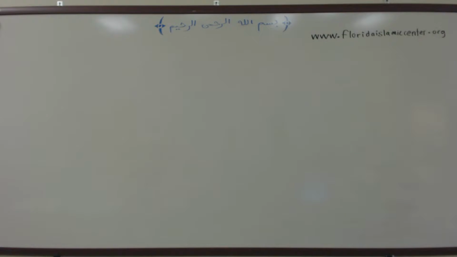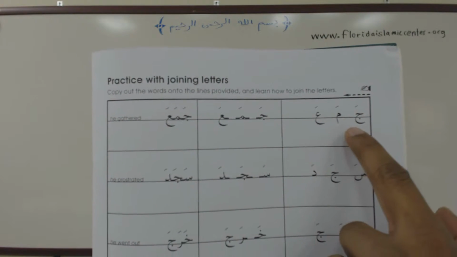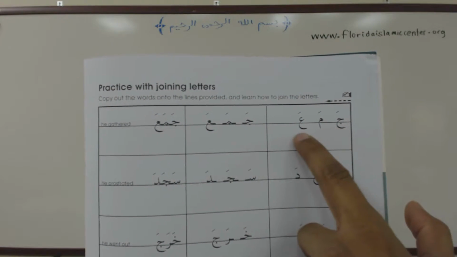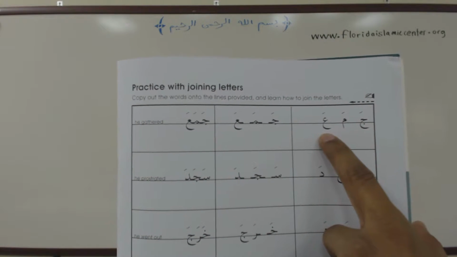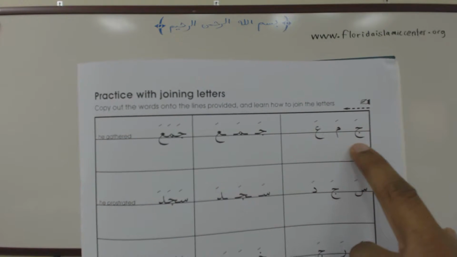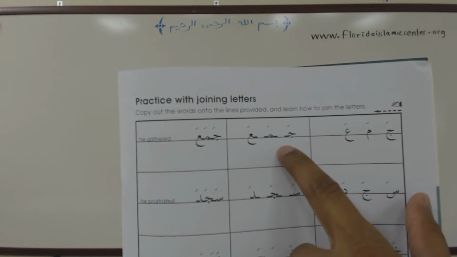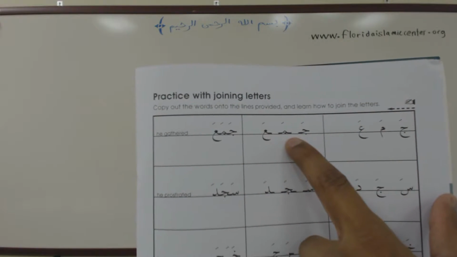Now let's go to the next page. Okay, let's pronounce these. Jama'a. So that's an ayn. Ayn requires a lot of effort, right? Ayn. Jama'a. Look at what happened to the meem in the middle.